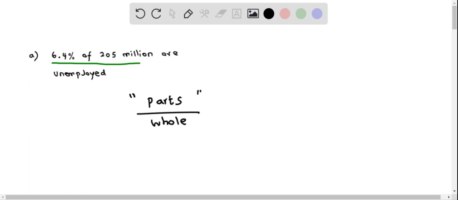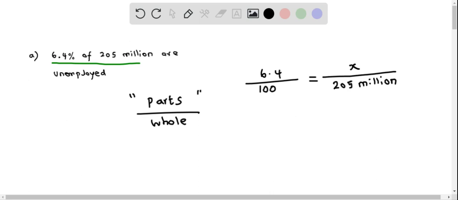Consider if there are 100 adult Americans, out of which 6.4 adult Americans are unemployed, and this is proportional to if there are 205 million adult Americans, then we want to find out how many adult Americans are unemployed.